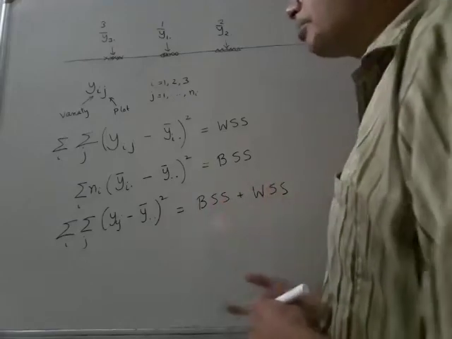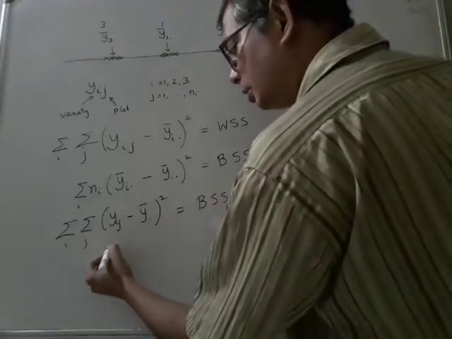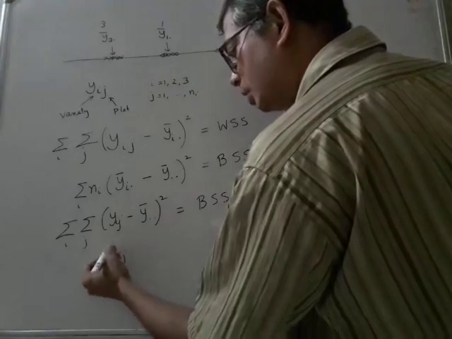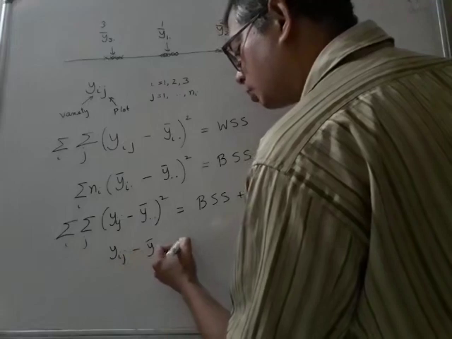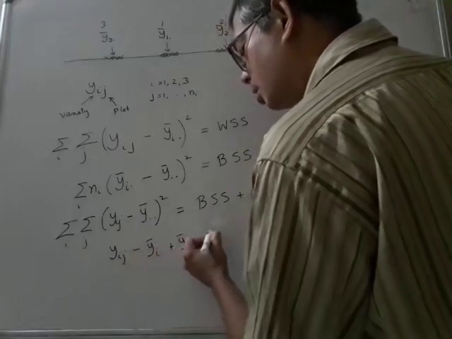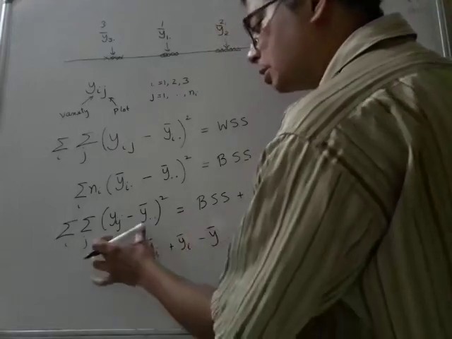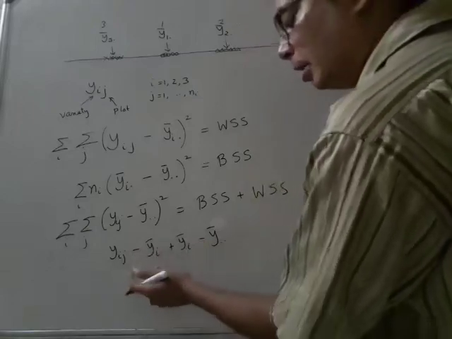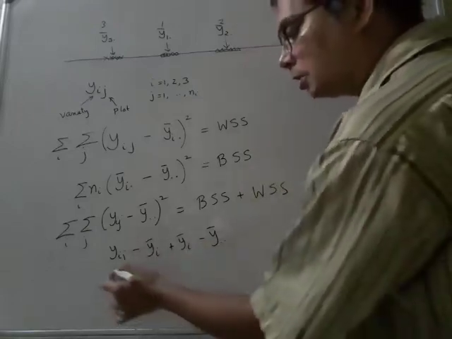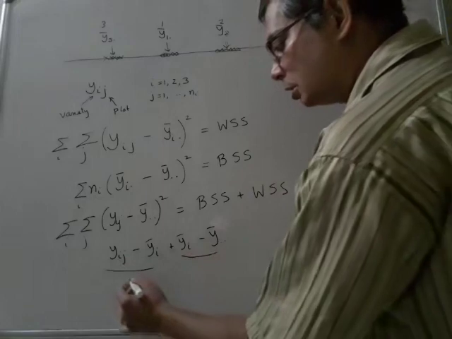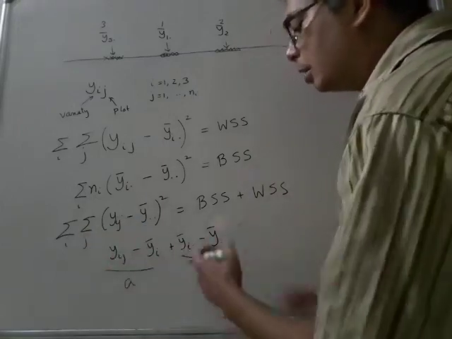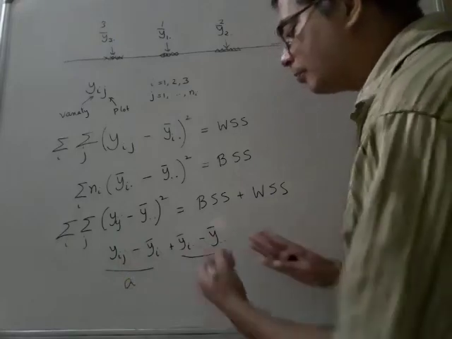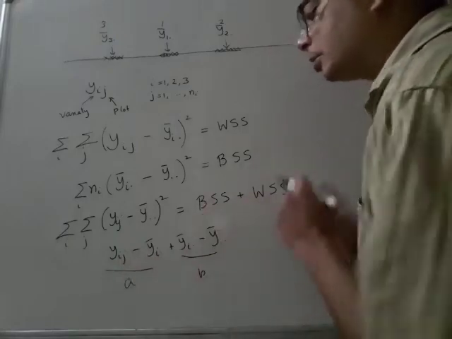The proof is very simple. You just introduce yij minus yi dot bar plus yi dot bar minus y dot dot bar. You expand by subtracting and adding this quantity, consider this as A and this as B, and apply the A plus B whole square formula. The cross term will cancel off and you will be left with BSS plus WSS.